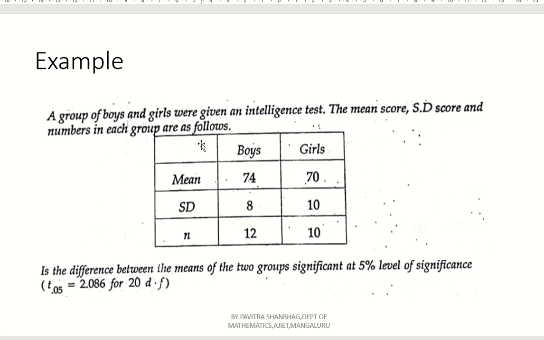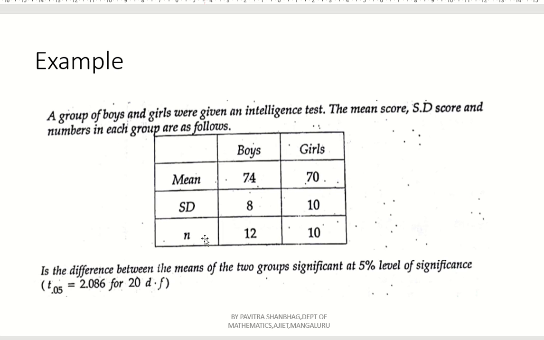See here. A group of boys and girls were given an intelligence test. The mean score, standard deviation score, and numbers in each group are as follows. Now what is given here? Boys and girls are given. Here mean, standard deviation and n are given, right?